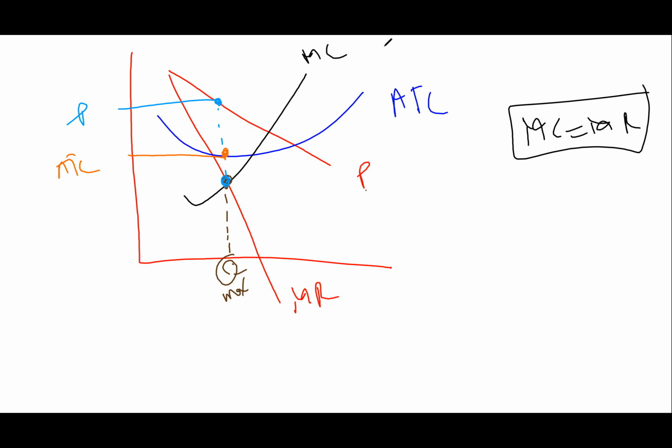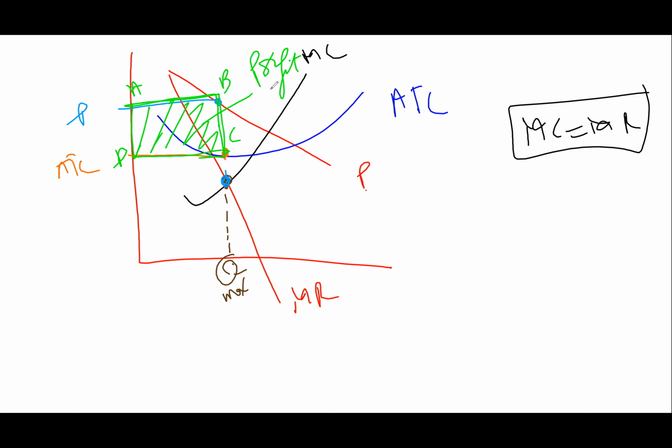So if you see here, this rectangular green face A, B, C, D is called profit. Right, guys?